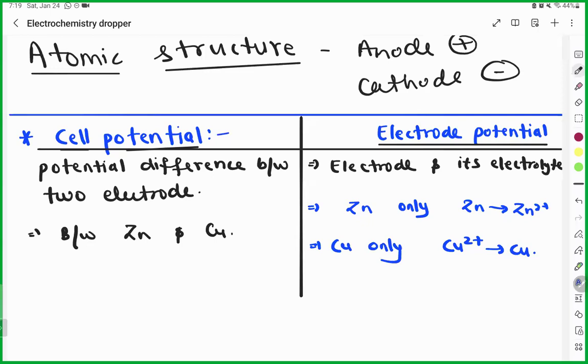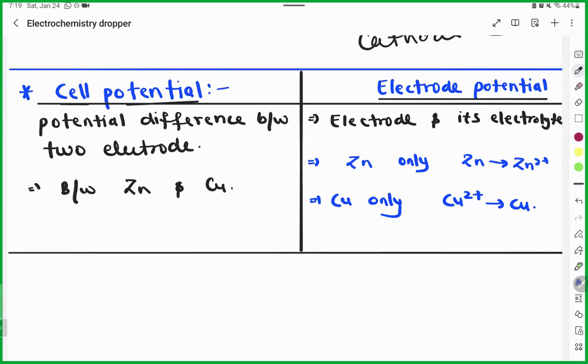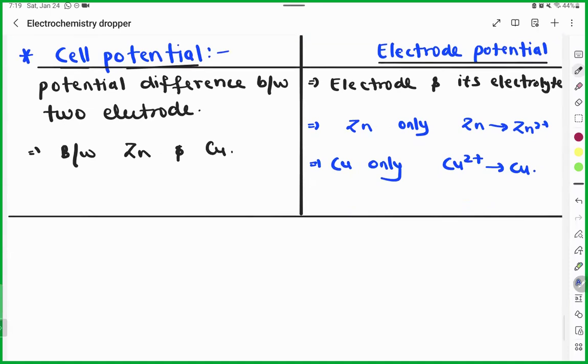For E cell. So this is really, really important, because you will be able to solve most of the questions. But if they are looking for a very small, subtle difference between cell potential and electrode potential, you might make a mistake. Right?